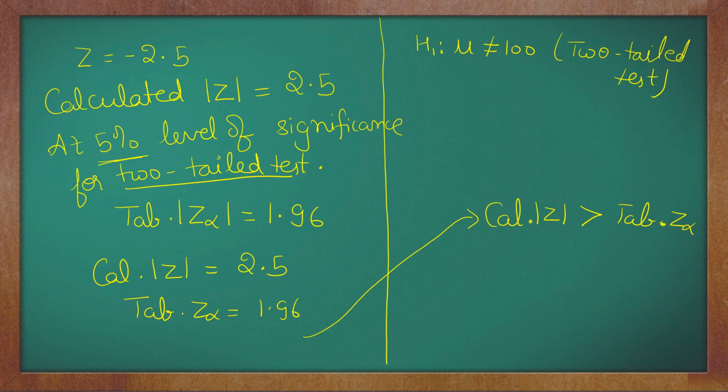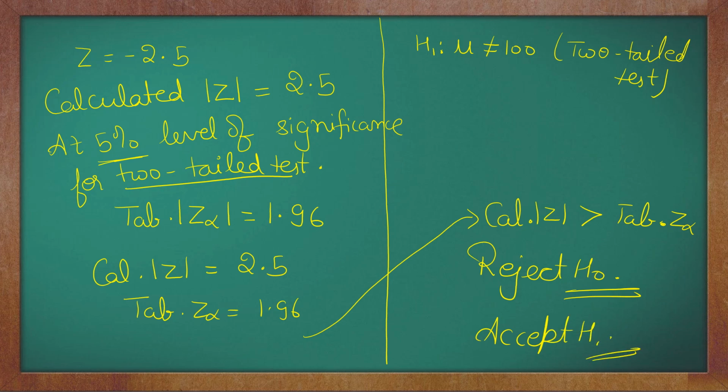Already in my second slide, I have discussed the conclusion part: when calculated is greater than tabulated, we have to reject the null hypothesis. If you are rejecting the null hypothesis, then what are you accepting? You are accepting the alternative hypothesis.